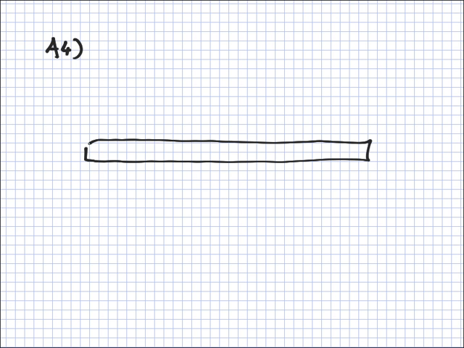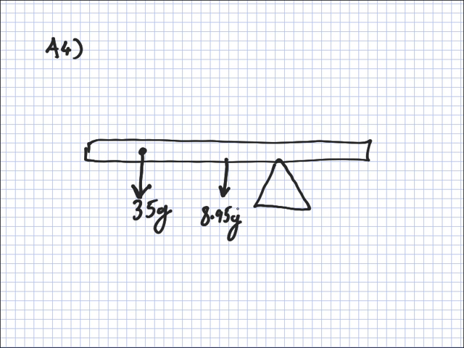Right, number 4 was a turning force question. You had a seesaw like this, and the pivot was here, and you have a child sitting here, so that was a force of 35 G, and then I think you had the center of gravity here, and that's 8.95 G. This whole ladder was 4.6 meters long.